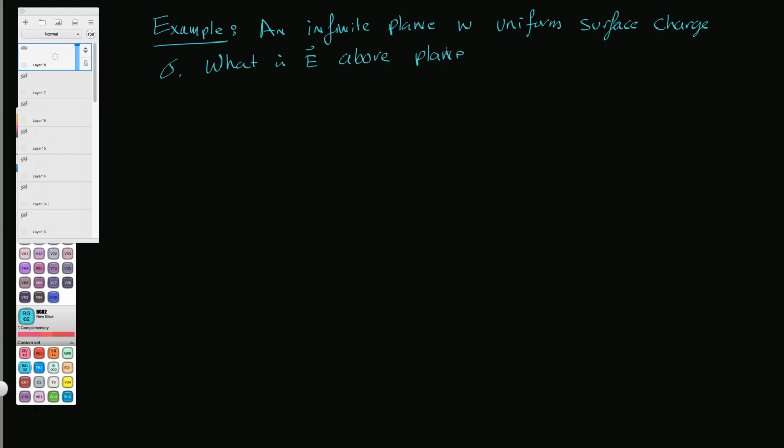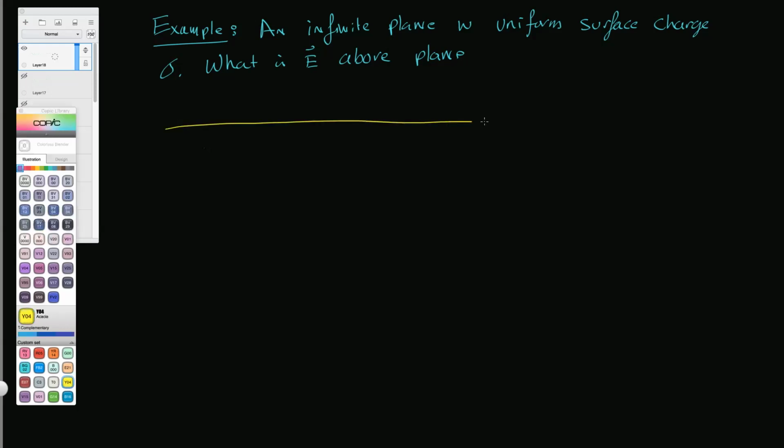Okay. All right. So let's just do a side view of our plane here. Here's the plane. Now it's an infinite plane, so we're never going to be close to the edge. Edges are an issue, right?